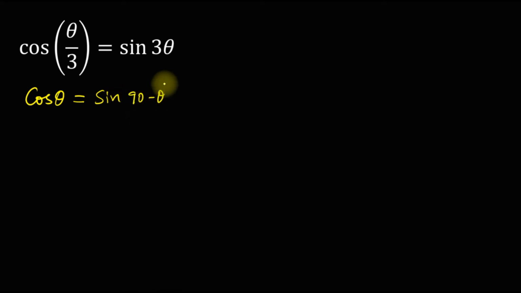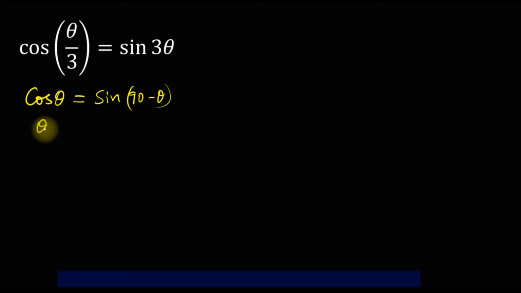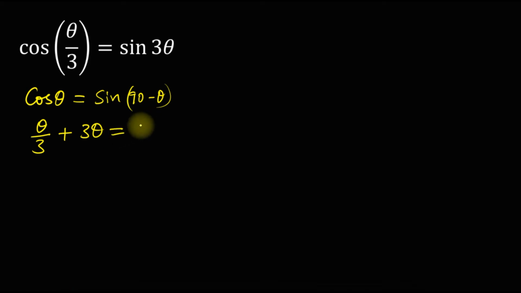minus theta. So in our case here, if we add the two angles, it will be equal to 90 degrees, which means they are complementary angles. Therefore theta over 3 plus 3 theta will be equal to 90 degrees.